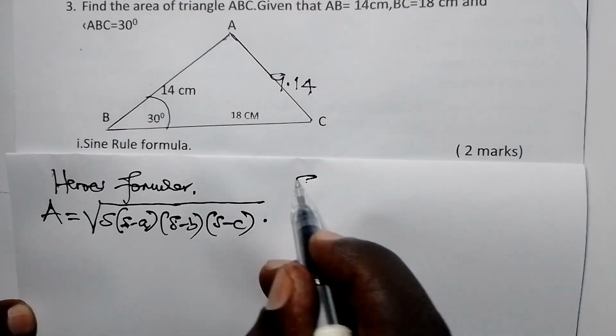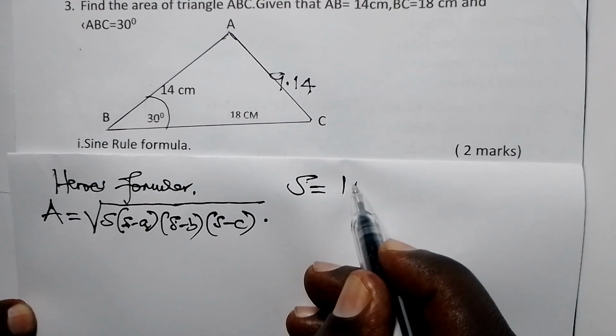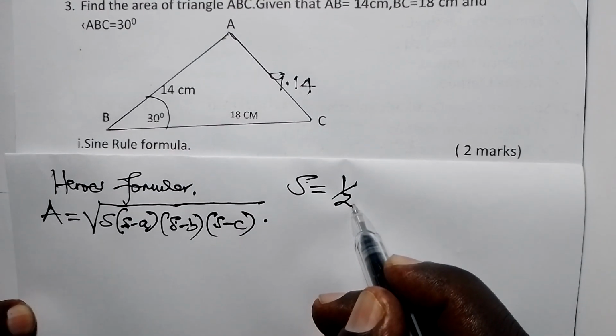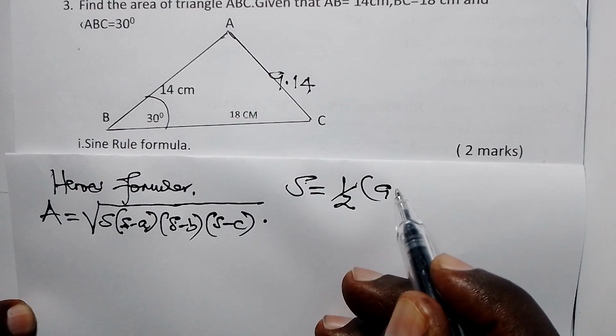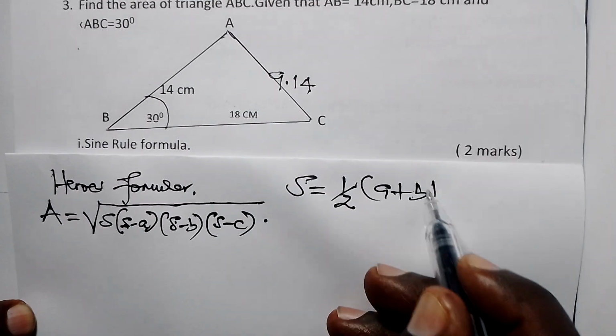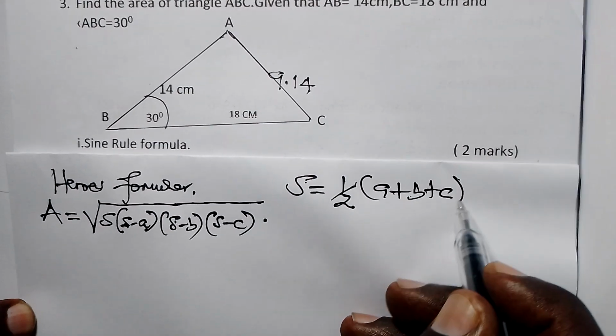And the semi-perimeter is given by a half multiplied by the value of A plus B plus C, like that.